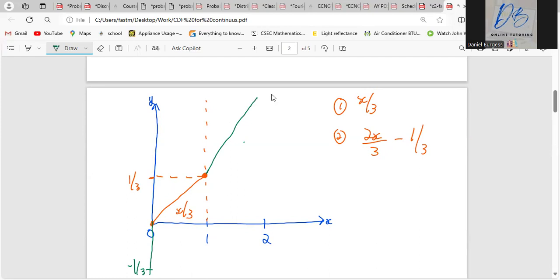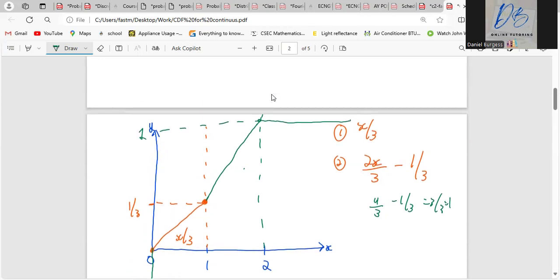Same as before, we need to know where it will end. So you just plug 2 into this, and you'll get 4 on 3 minus 1 on 3. You get 3 on 3, which will give you 1. And then it will just be 1 forever and ever. Not going to change. All right, and that there will be the CDF.